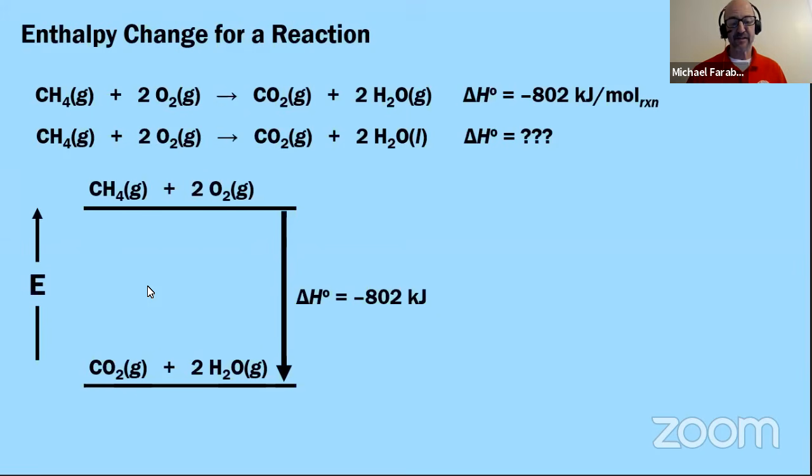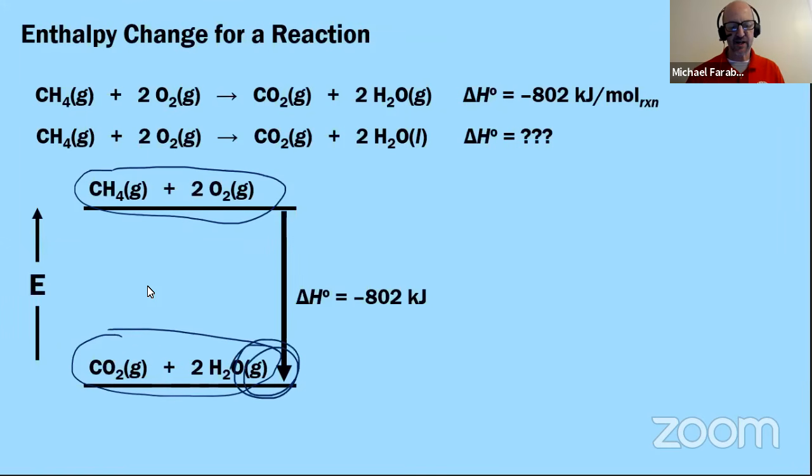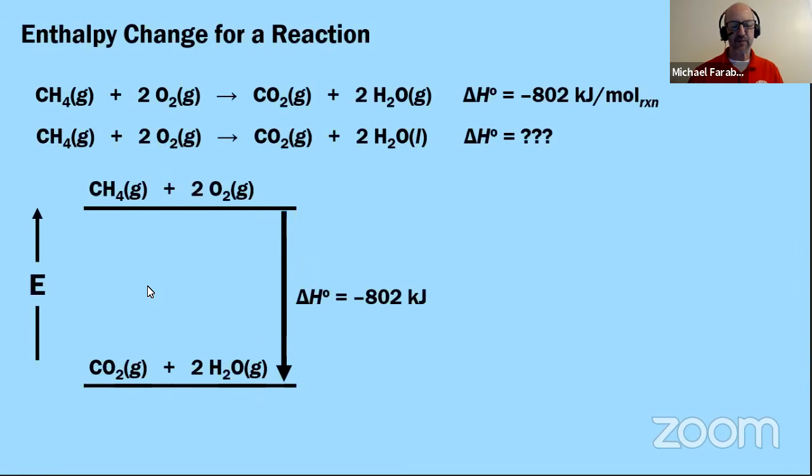Here is a difference of 802 kilojoules going from the reactants, CH4 and O2, to the products. So if we decide to change from a gas to a liquid, what that is going to do is put the products at a lower energy level relative to where they were before.